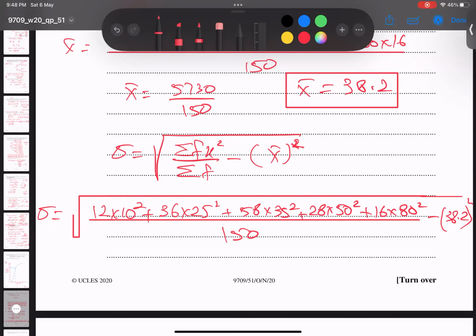This is a long working, and we have to do it very carefully. So anyway, this is coming. Let me check properly, because a small mistake will lead us to a wrong answer.